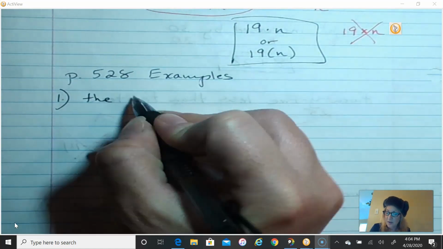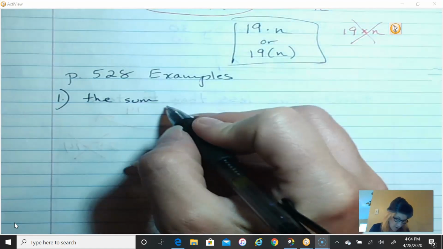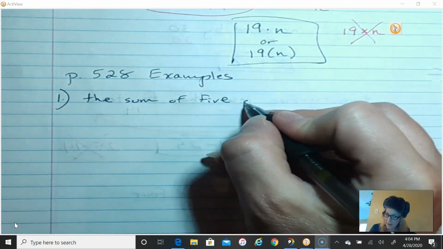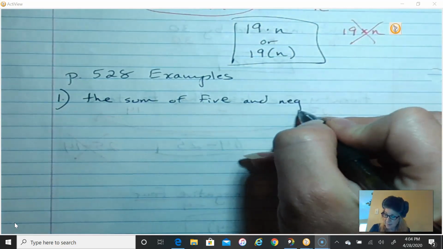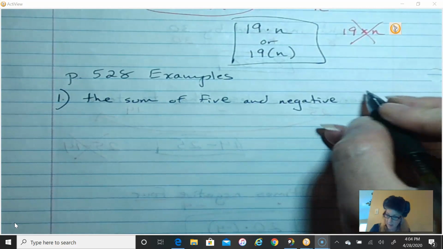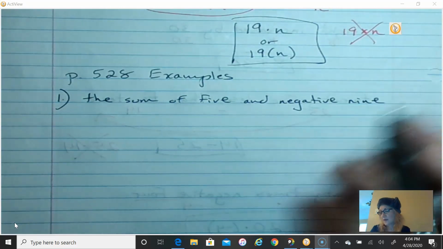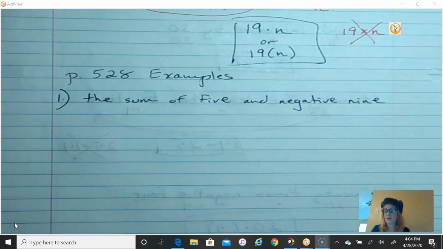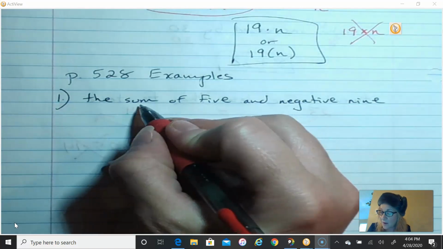All right, number 1, the sum of 5 and negative 9. Okay, now, you don't have to write this down because it's in your book, and you can just make notes underneath, or you can write, I don't care.